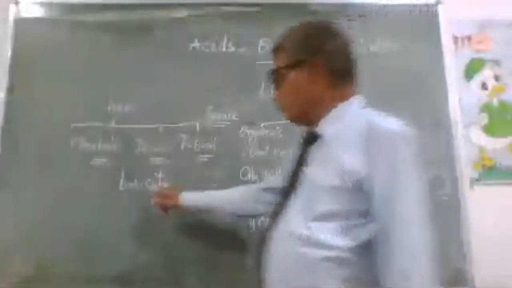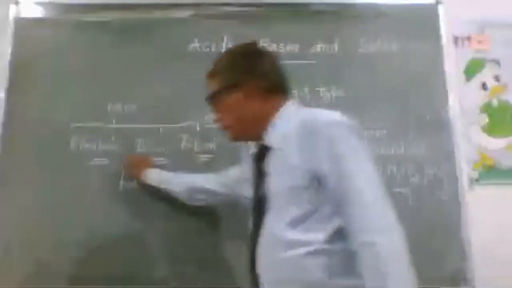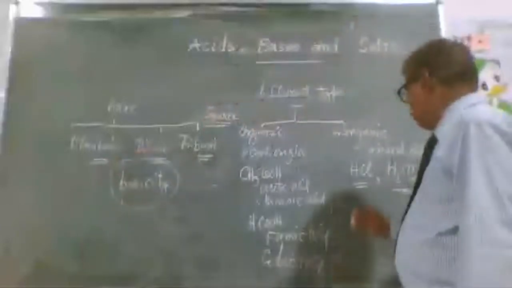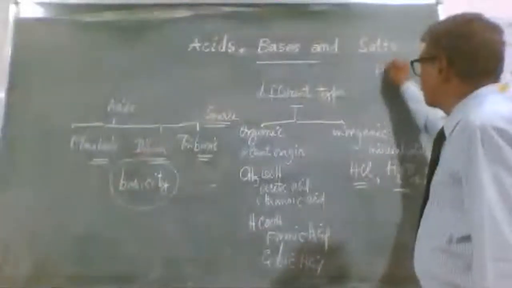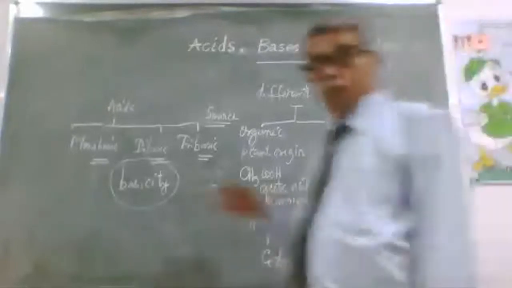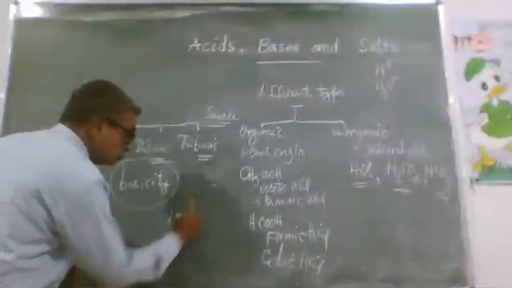Now, first you must learn what is basicity. Then only you will understand what is a monobasic acid. Basicity of an acid is the number of hydronium ions or hydrogen ions, either H+ ions or H3O+ ions, that one molecule of the acid can give.